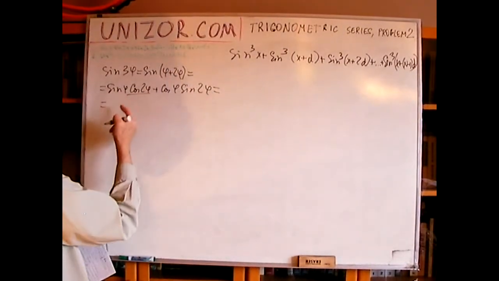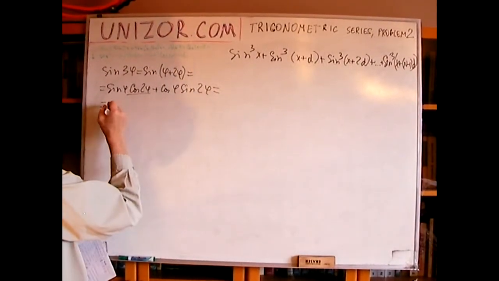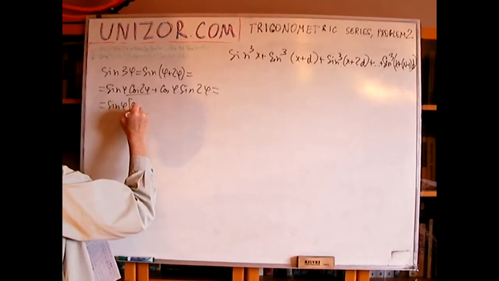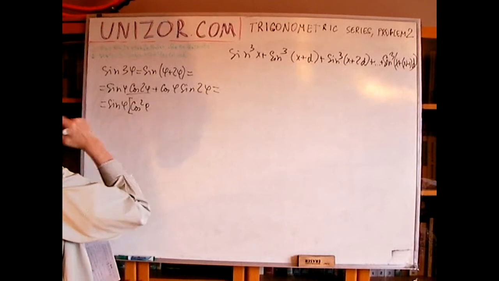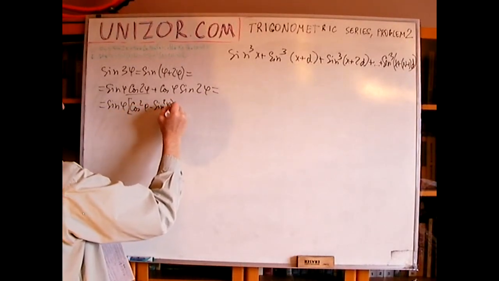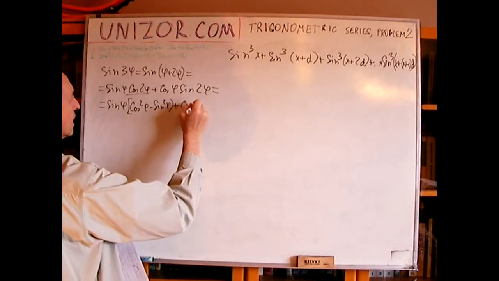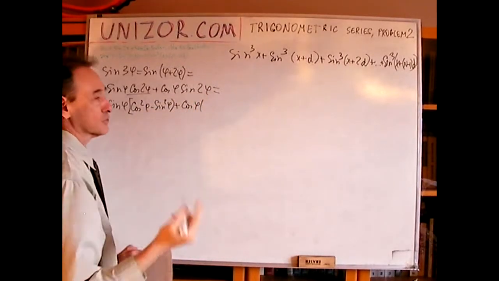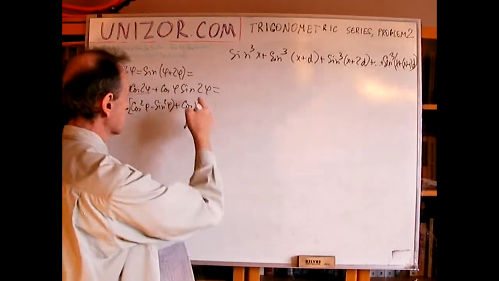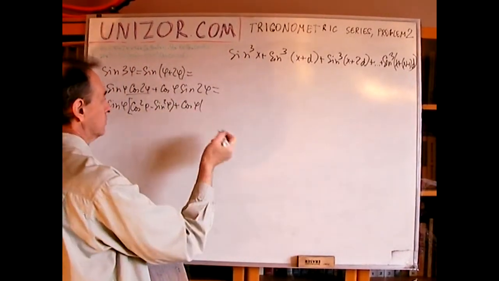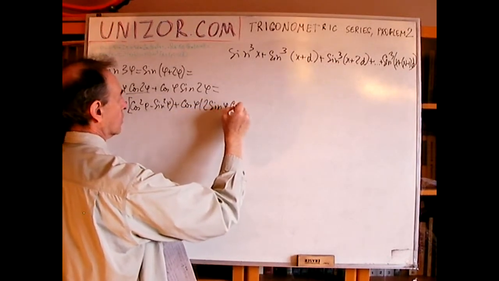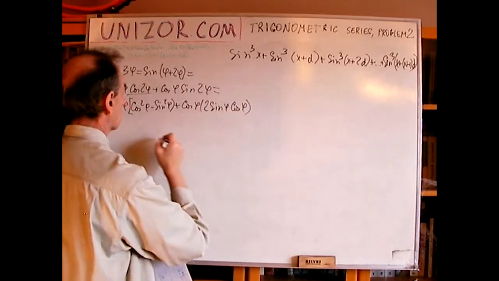But the angle is the same, phi plus phi, so it's cosine square and sine square. So sine phi times cosine square phi minus sine square phi, plus cosine phi. Now sine of 2 phi is sine cosine plus cosine sine. But again, since the angles are the same, phi and phi, I can just put 2 sine phi cosine phi equals.